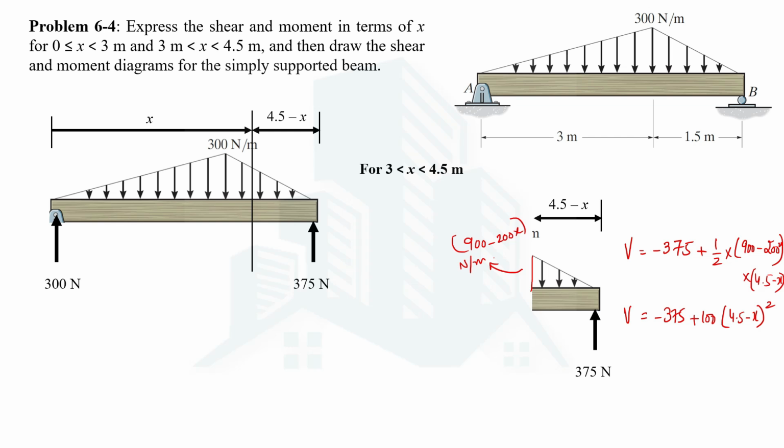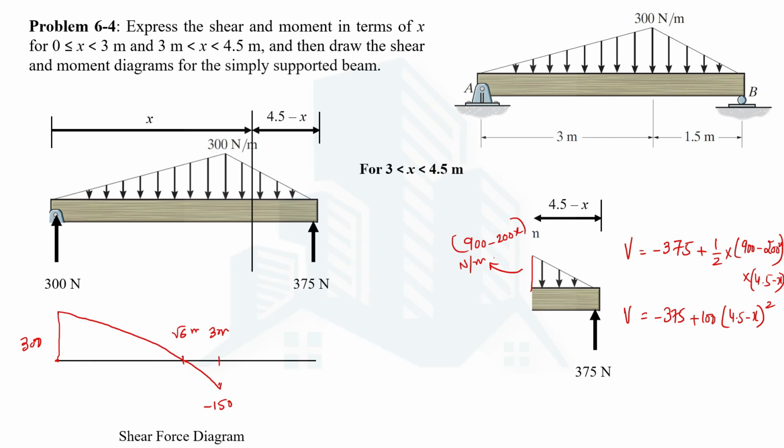Now for drawing the shear force diagram, this is what we have from our previous calculations for the distance from 0 to 3 meter. Now we are moving forward for the calculation from 3 to 4.5. So if you put 3 in this equation, we are going to get the same value of 150. And if you put the value of x equal to 4.5 in this equation, you are going to get the value of shear force as this.